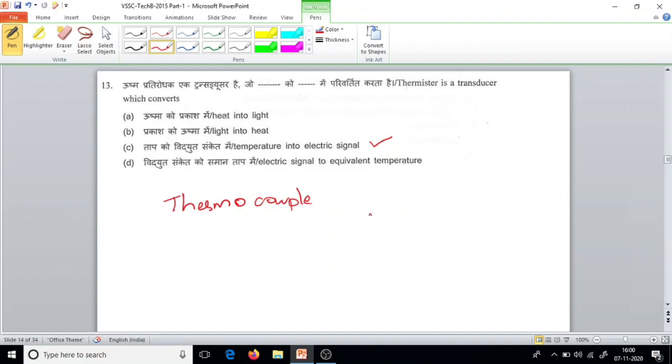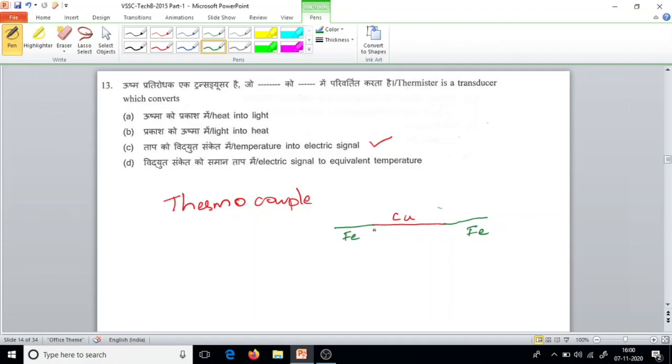See, thermocouple. If we take one metal, this is a metal. We take it as copper, and copper is joined here. Both sides are joined. This we take as iron, Fe.